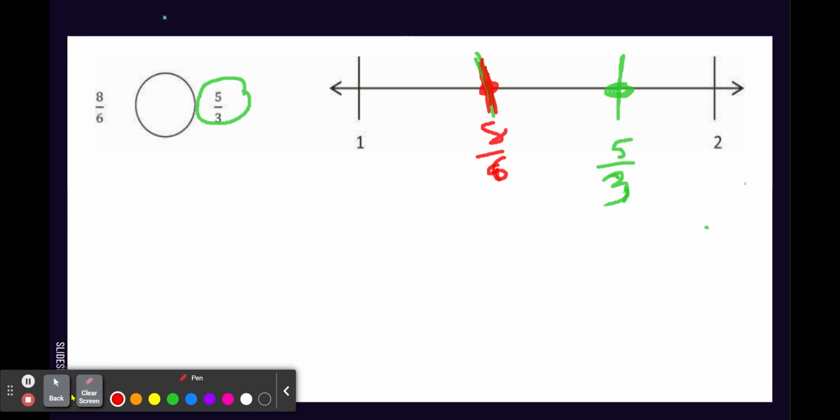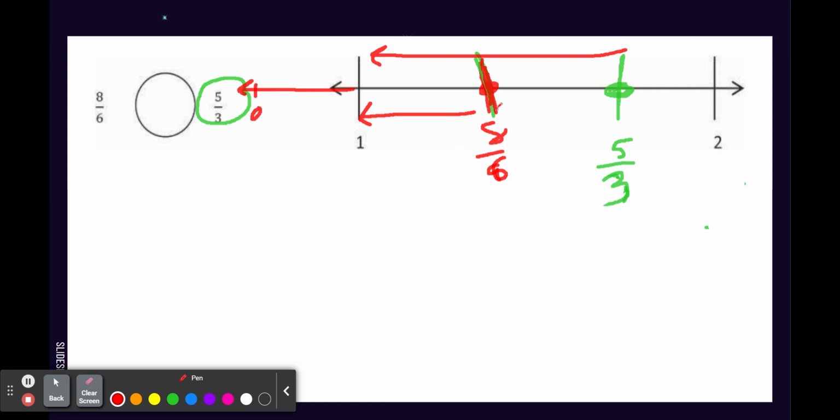Okay, so I want to figure out which one of these is closer to 0. So I have 8/6, which is closer to 1 than my 5/3, right? The distance is closer. Now, 1 is closer to 0, right? Because if we extend this number line and keep going, we'll have 0 over here.